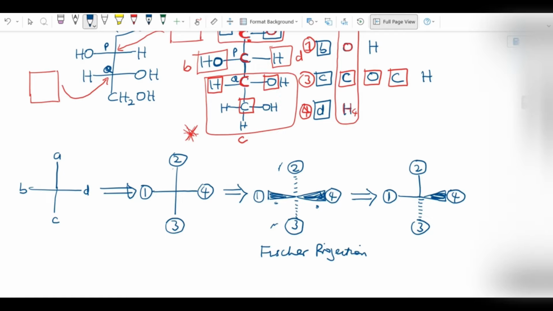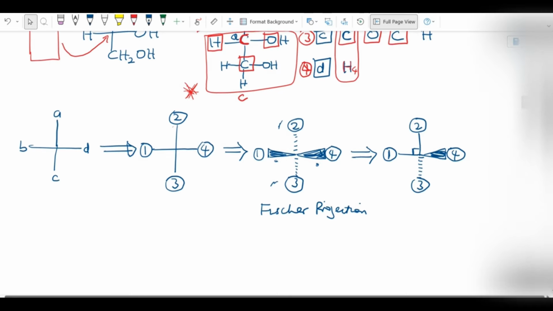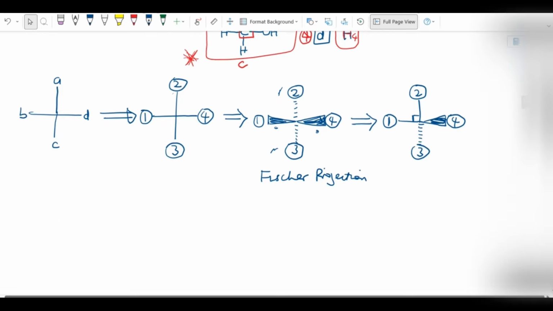So we can now convert this to a proper tetrahedral structure. This is looking like 90 degrees right now, but in a tetrahedral arrangement, we know that the angular distance is 109.5.